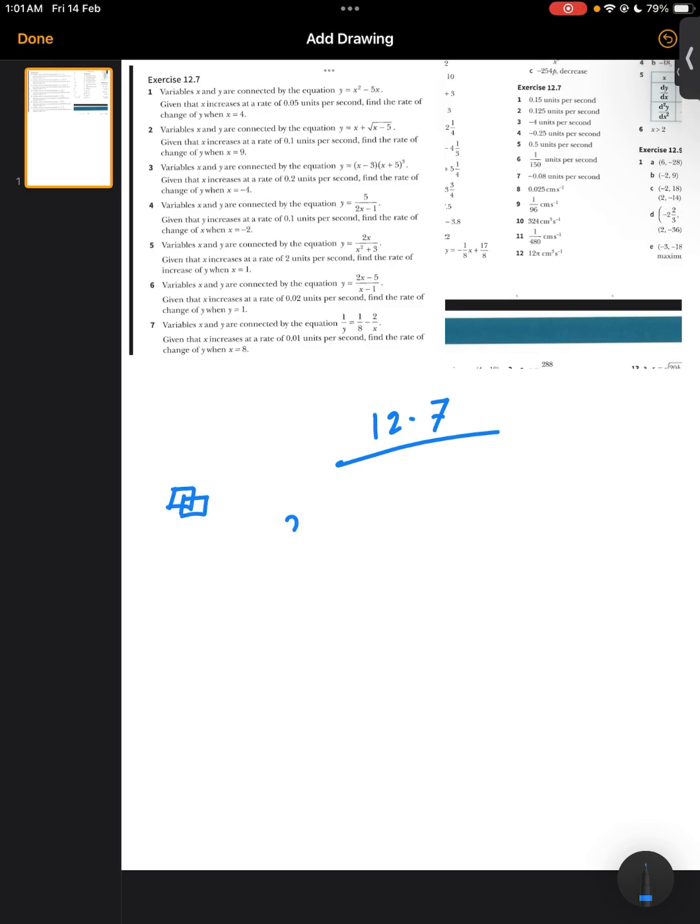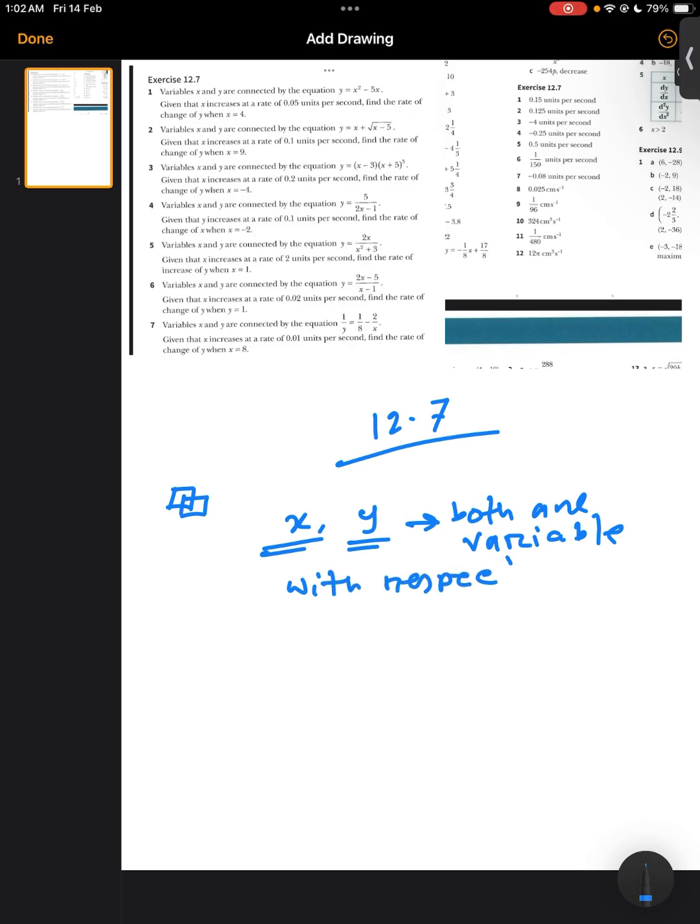When there are two variables in an equation, let's say x and y, and these both are variables with respect to t, where t is a third variable here, there is a chain rule. d/dt of y is equal to... see here, y is a variable against t. Also here x is a variable against t.